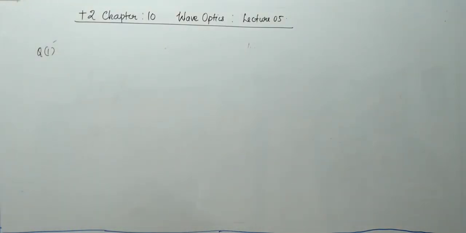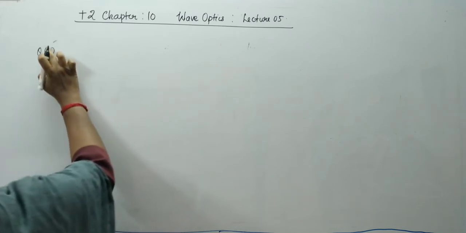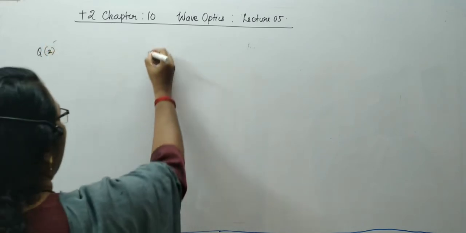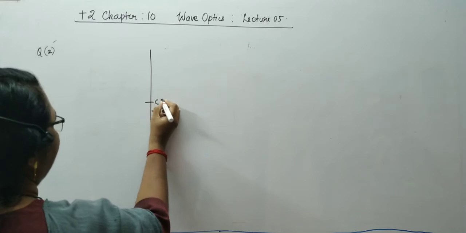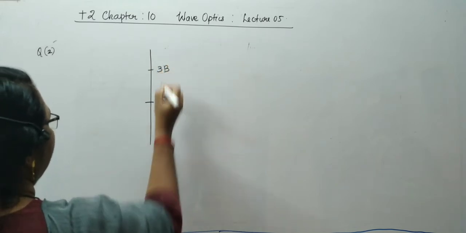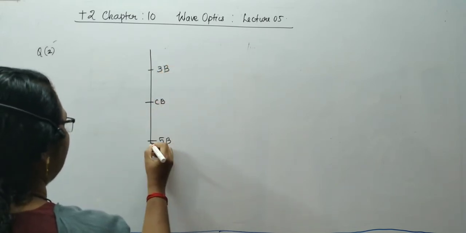The second related question will be like this, about the central bright, third bright, and fifth bright.